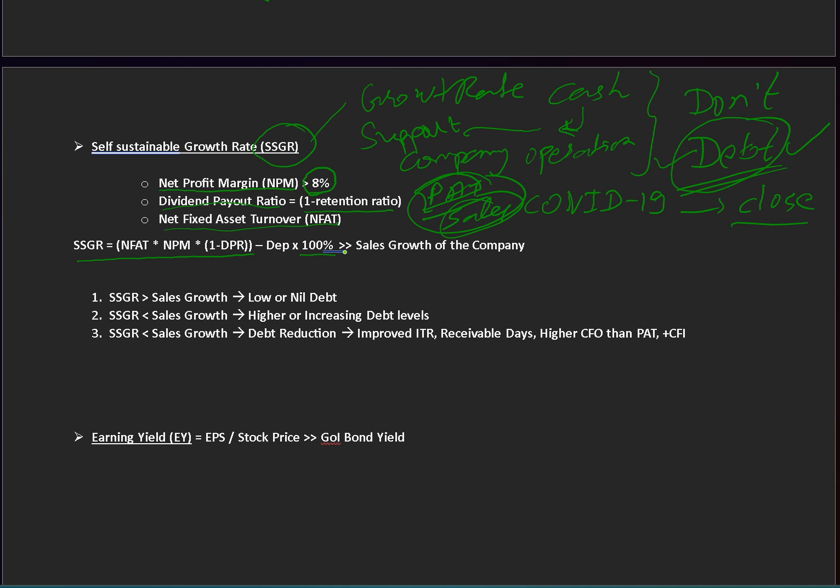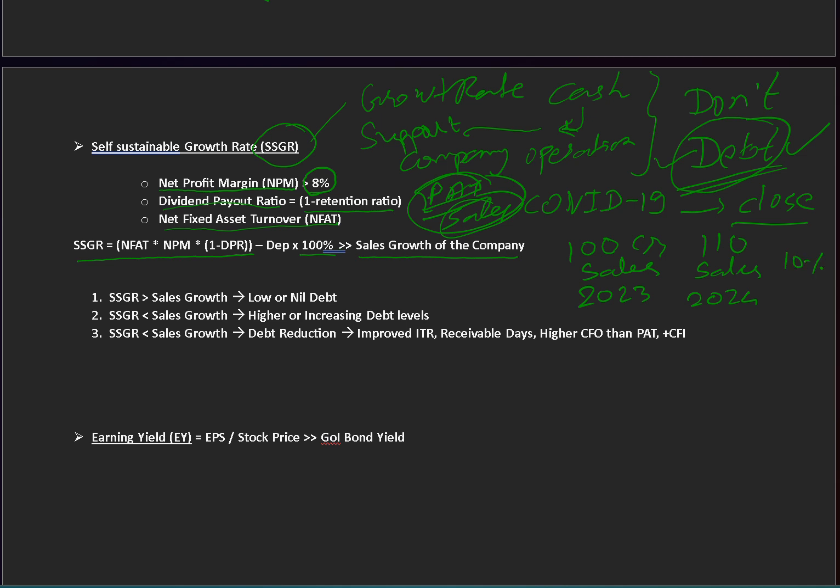Now this SSGR should be greater than the sales growth of the company. Say for example, if the company is doing 100 CR of sales in 2023, and next year in 2024 the sales grow to 110, so it is a 10% increase.